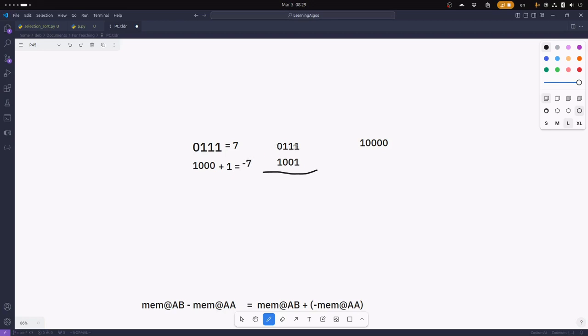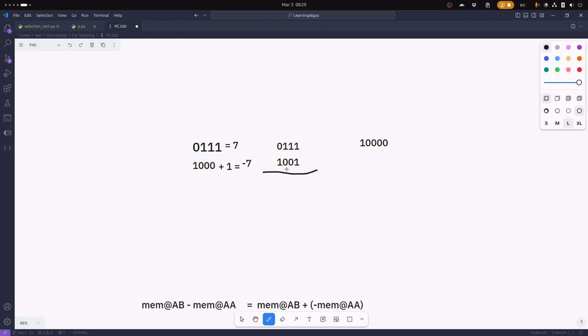So this is +7, and this is now -7. Got it? This means positive 7, and this means -7.